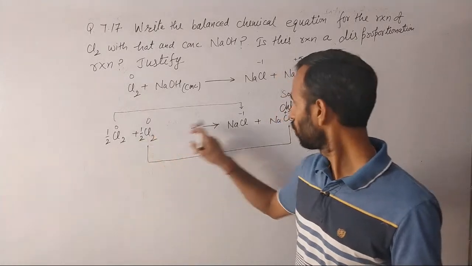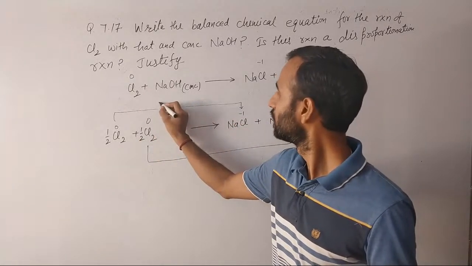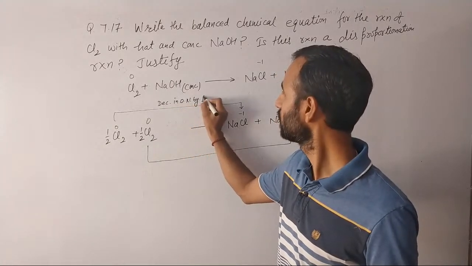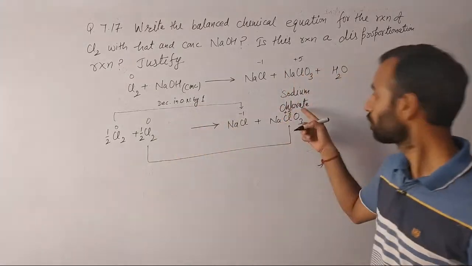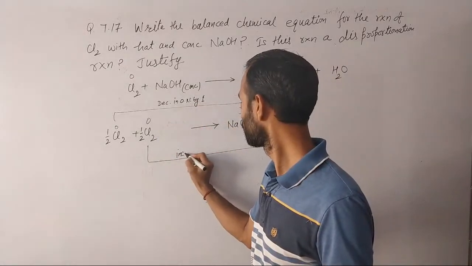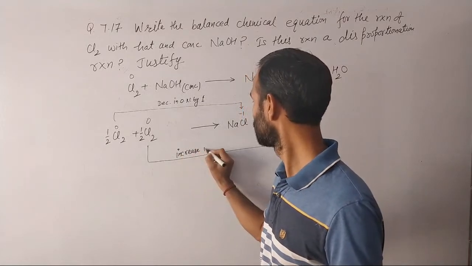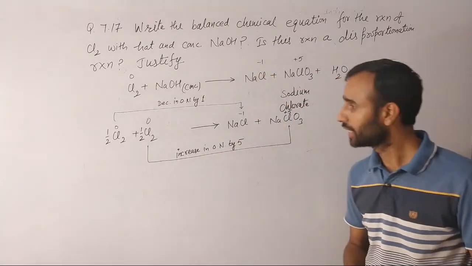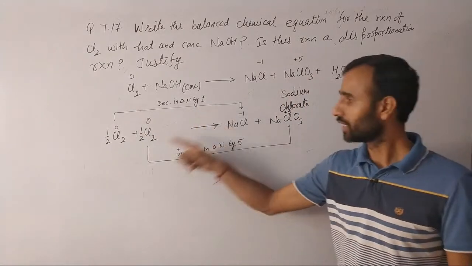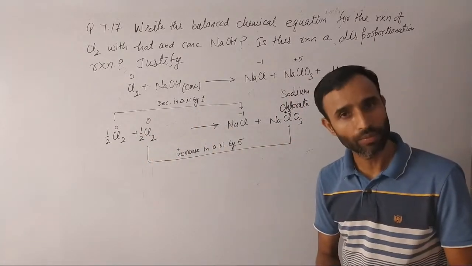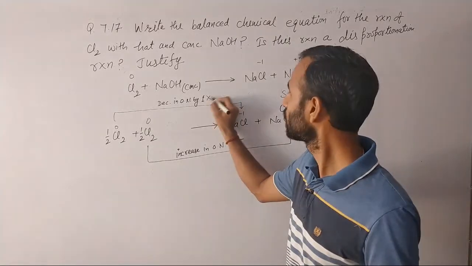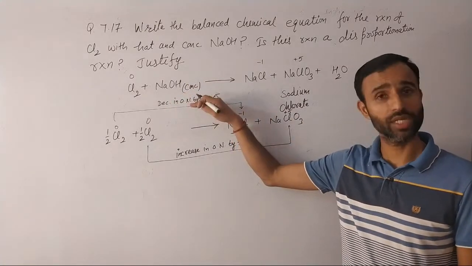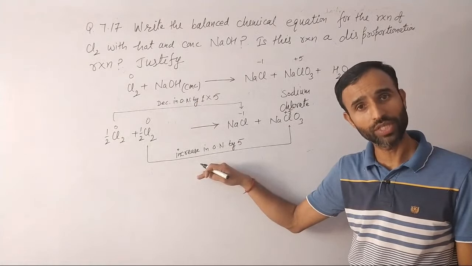So 0 to -1: there is a decrease in oxidation number by 1. 0 to +5: an increase in oxidation number by 5. Decrease by 1, increase by 5. Okay, so multiply by 5, so that the decrease in oxidation number is equal to the increase in oxidation number.